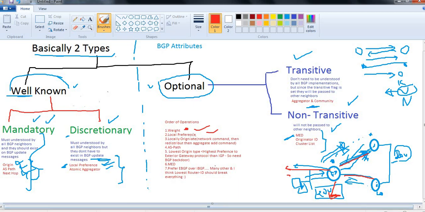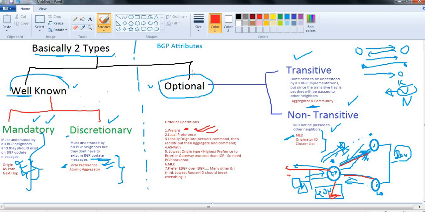Similarly, the first attribute preferred is weight, second is local preference, then locally originated, AS path, origin type, then MED, EBGP or IBGP, and so on. This video was created just for a basic understanding of BGP attributes.